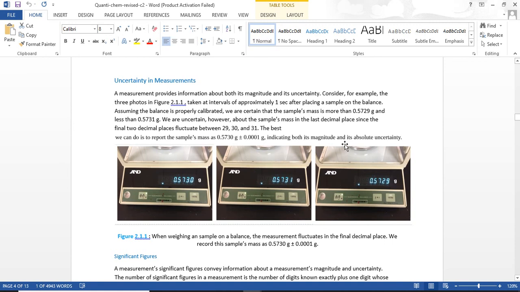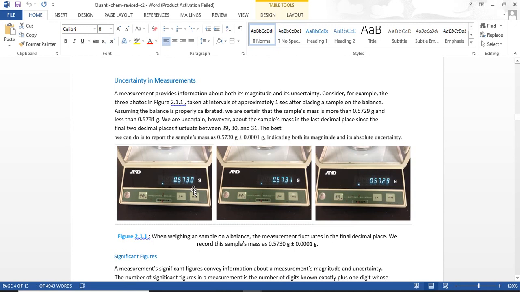Here you have the same sample, but weighed at different time intervals. You weighed it three times, giving you different weights: you have your 30, your 31, and 29. You pick the middle, which is your 0.5730.